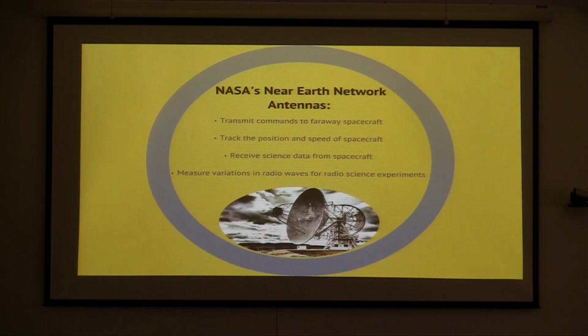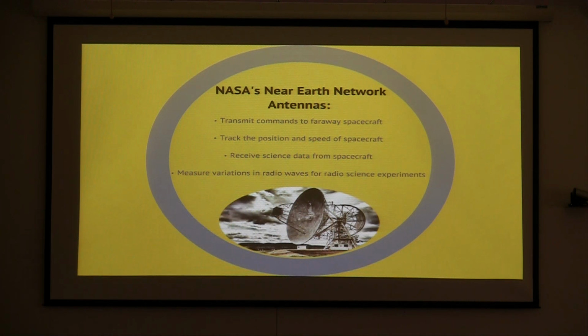So Near-Earth Network antennas can transmit commands to faraway spacecraft. In this sense, far away means in low Earth orbit. They can track the position and the speed of the spacecraft, which was what was being done by the SLR network that we saw last night.